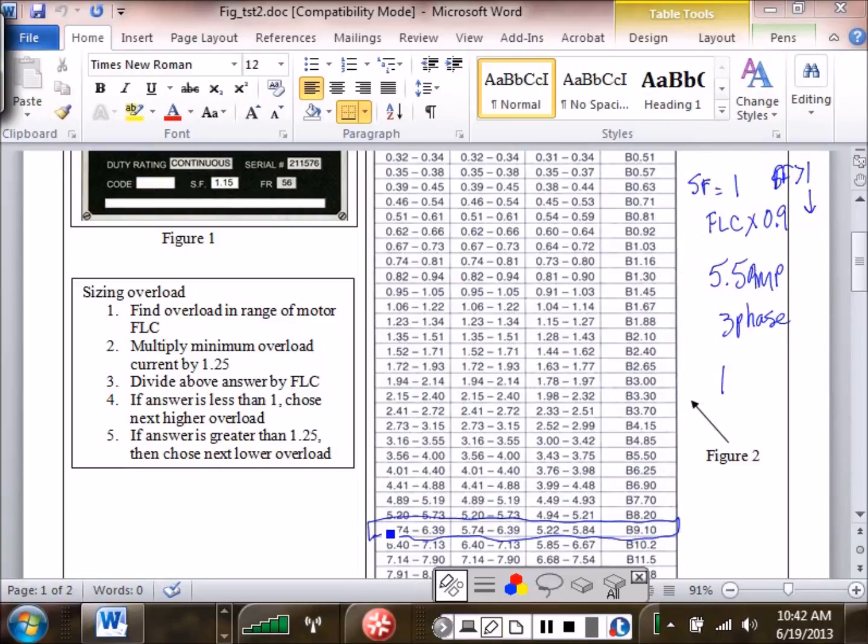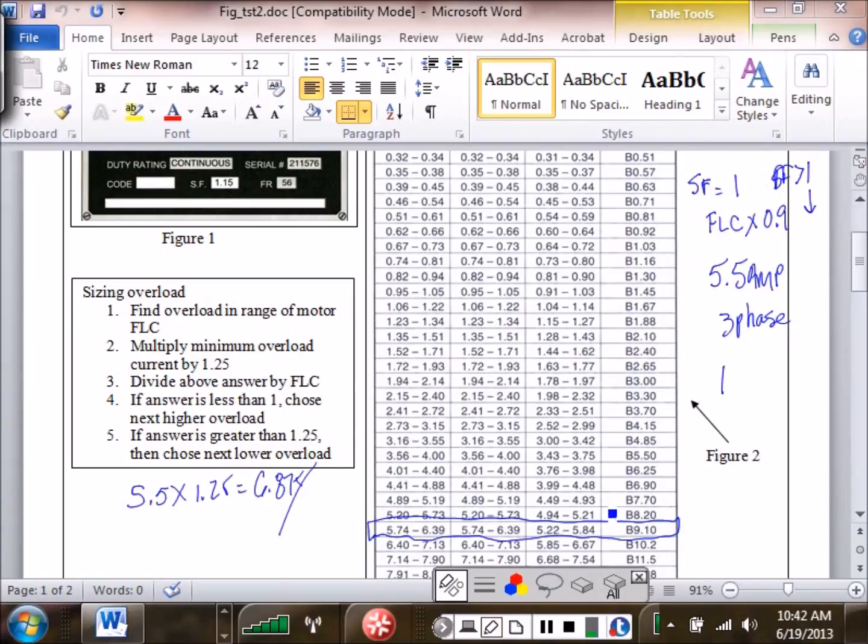And then I'm going to take my full load current. So what would that be? 5.5 times 1.25 is 6.875, and then I'm going to divide that by the lowest current here.